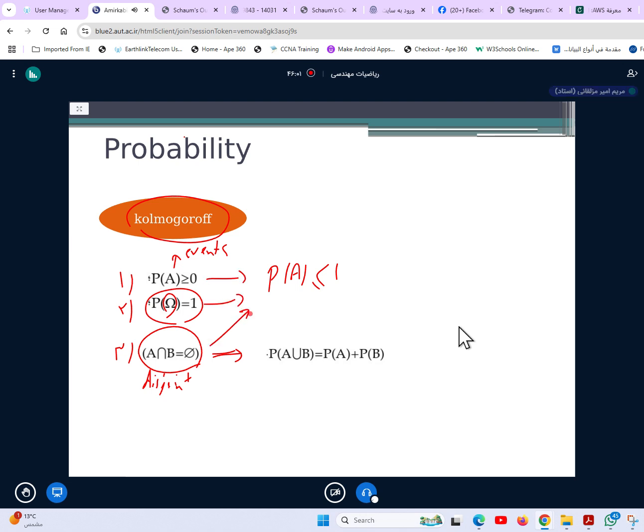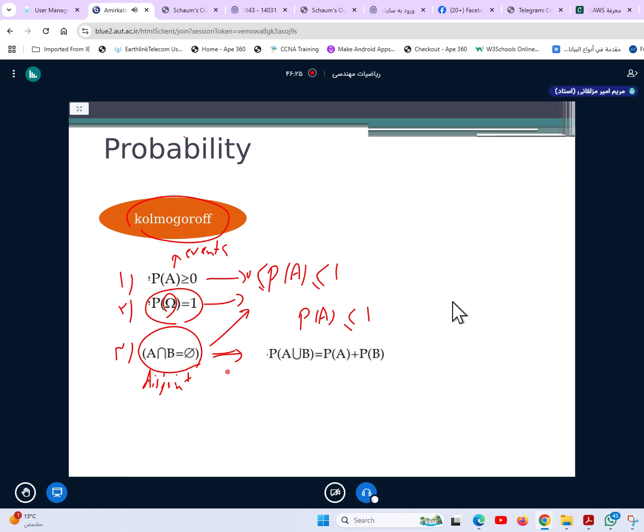We know that the probability is between 0 and 1. But the three conditions result in the probability of any event being less than or equal to 1. Okay, I try to speak slowly.